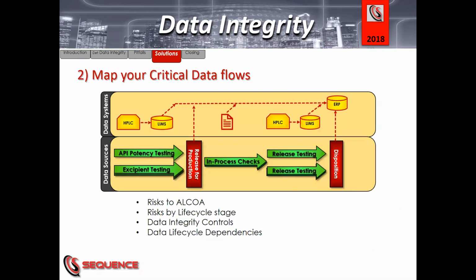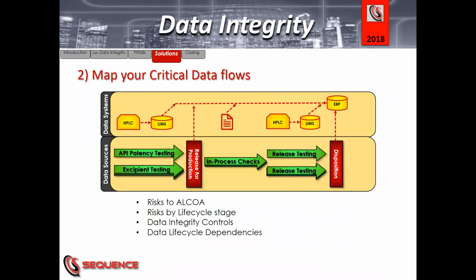Once you start considering our ALCOA acronym and our life cycle stages, we can ask, in a LIMS system, a laboratory information management system, what's happening to the data there? Is it going through every life cycle stage? And if it's only going through a few, for each life cycle stage it is going through, what are the risks to ALCOA?